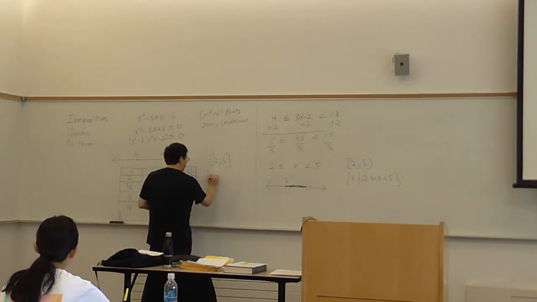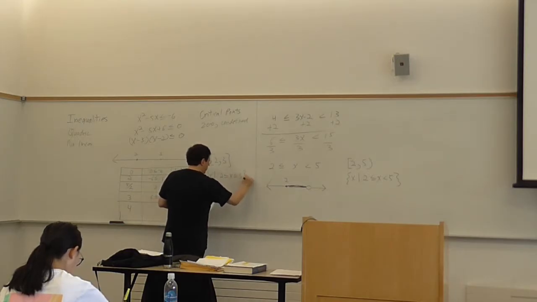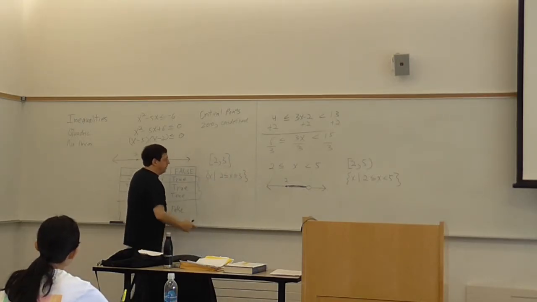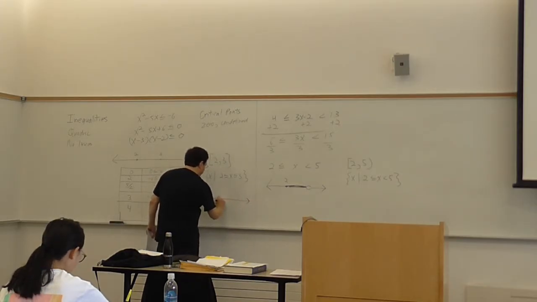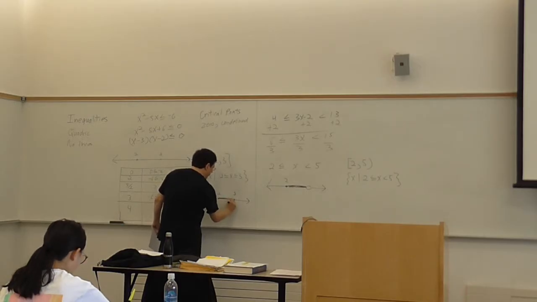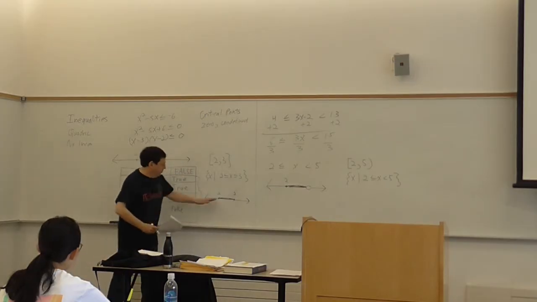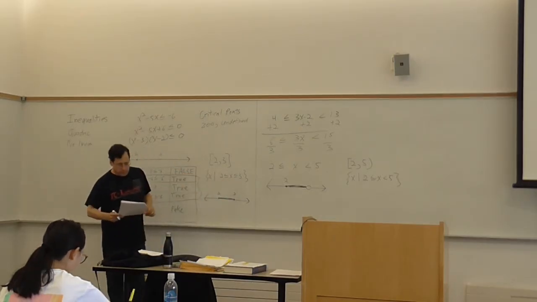Again, I could write it as x such that x is between 2 and 3. And as before, I can graph it. I just need my 2 points, 2 and 3, and the part of the line between these two that I'm interested in.